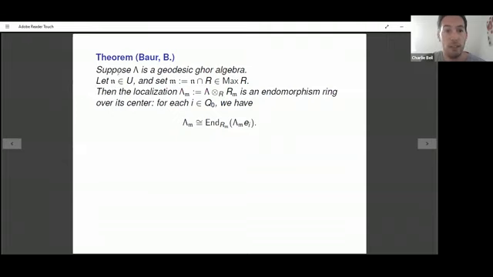So this theorem is about the endomorphism ring structure of the Gore algebras. Suppose lambda is a geodesic Gore algebra. Let n be a point or maximal ideal in U, and set M to be n intersect R, which is a maximal ideal of R. Then the localization of the Gore algebra lambda at M is an endomorphism ring over its center.